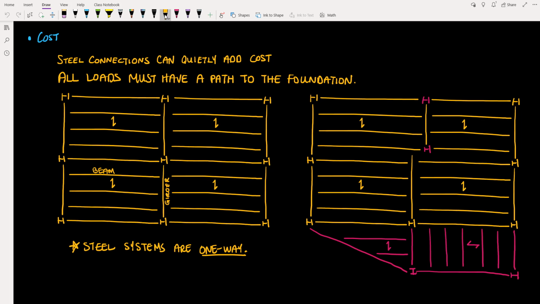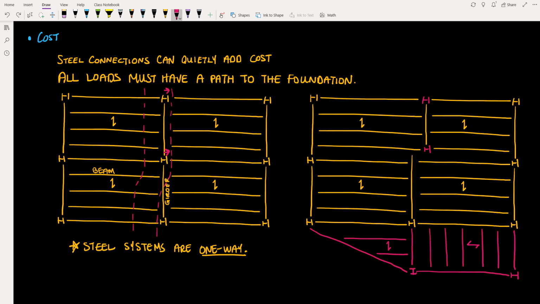But what happens if the architect wants to place a corridor that would lead into these columns, like this? Well, in that case, they may direct the structural engineer to move these two columns over, as shown on the right. So let's look at what happens to our load path now.